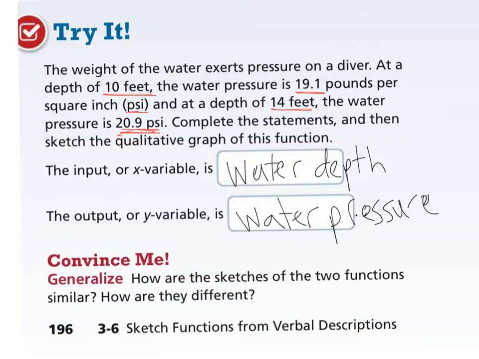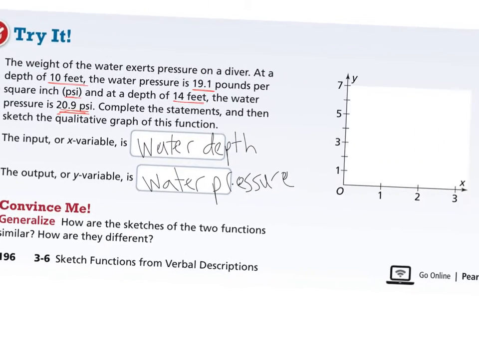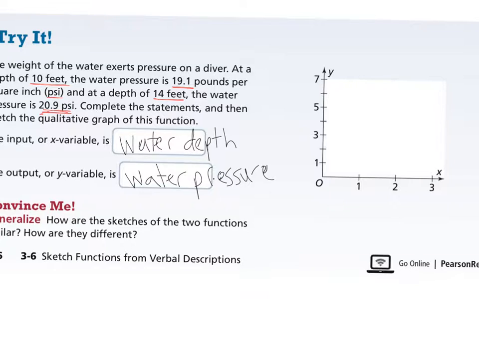So when we go to graph this then, technically, if we're just doing a qualitative graph, we would not have these numbers here, I would argue. But anyway, we're going to have our water depth underneath.